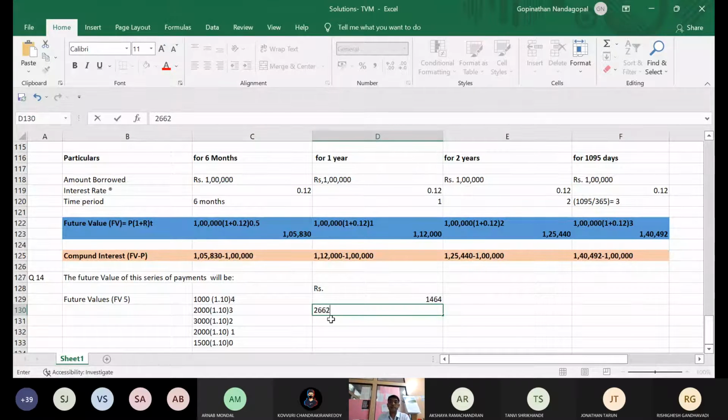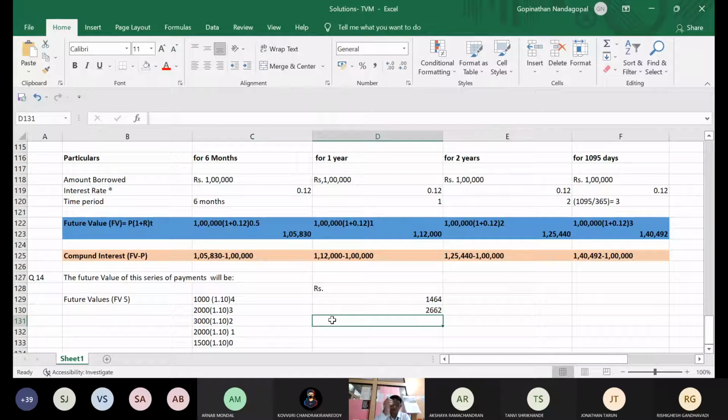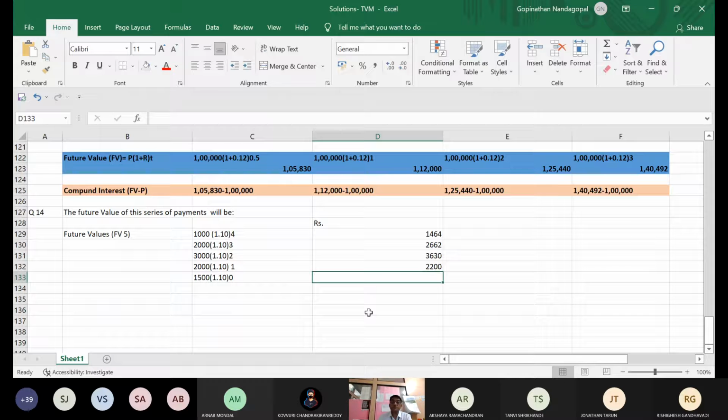Very good. Next. 3630, sir. Good. Next. 2200. Next. 1500, sir.